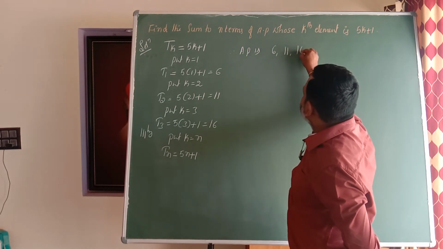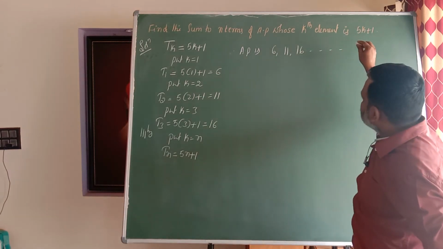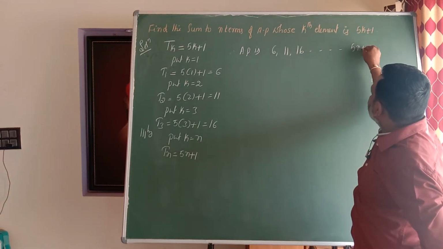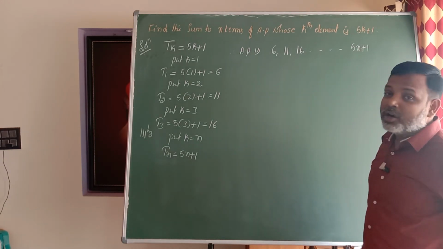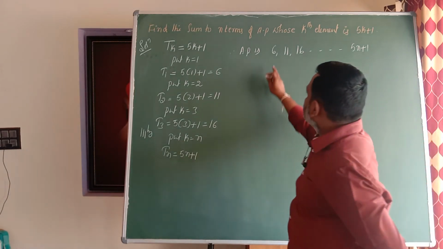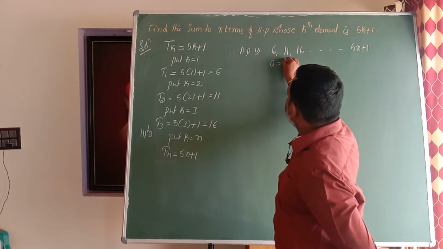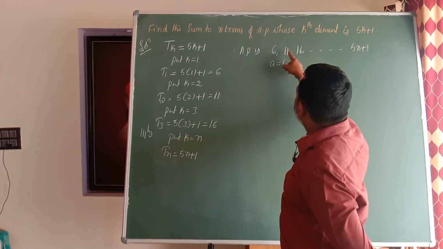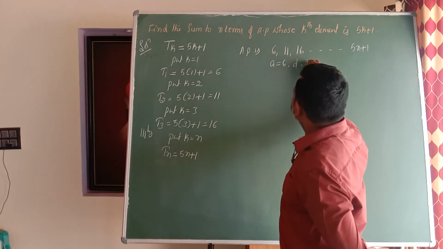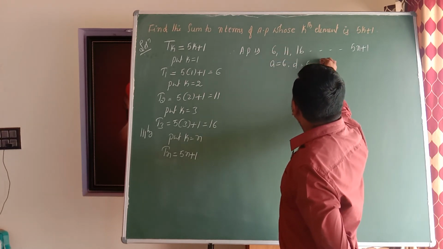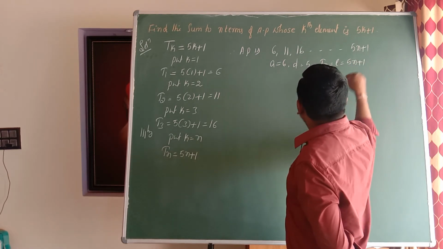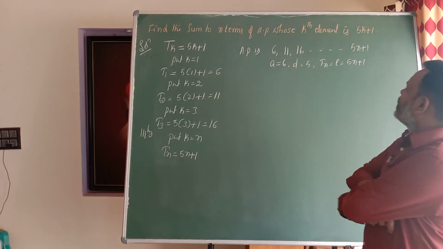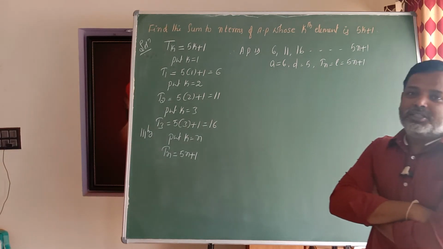The third term? 16. And so on. What is the last term here? 5n plus 1. From that kth element we got this. Now here a, the first element, is 6. d is equal to T2 minus T1, 11 minus 6, that is equal to 5. And Tn, nothing but the last term, is equal to 5n plus 1. Here we have the first term, common difference and last term, everything.